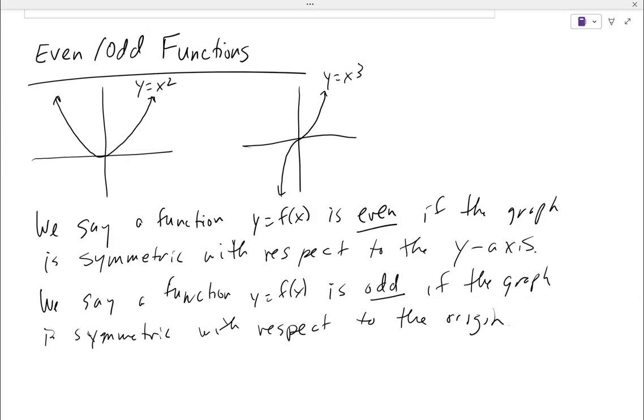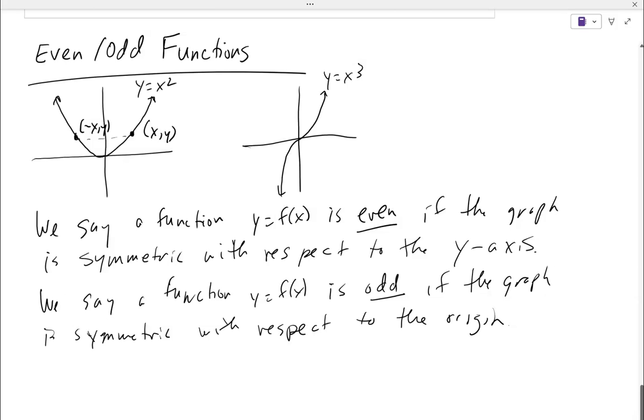We don't want to have to make a graph every single time in order to determine whether something is even or odd. Okay? We want to have an algebraic idea. Well, notice if I start with a point (x, y) and I want to reflect it across the y-axis, remember that's multiplying all your x coordinates by -1, right?